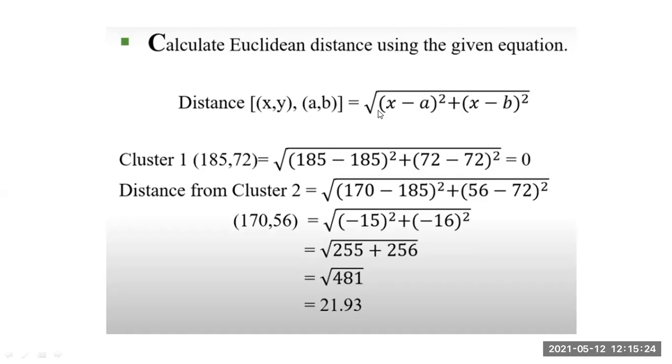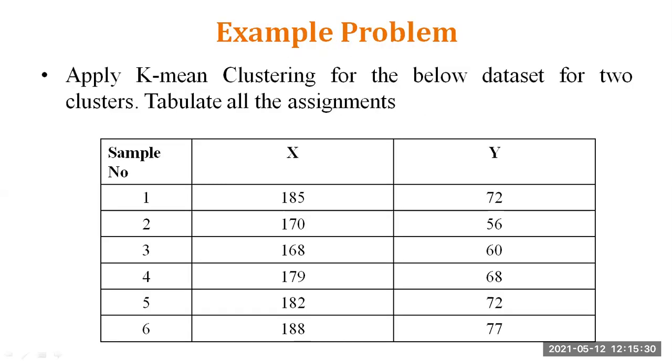Now we need to calculate the distance from the centroid values for each and every data point. Here a data point is the row values we are seeing: 185 comma 72, 172 comma 170, 56, 168 comma 60. So for each data point, from 1 to all the points, we need to calculate the distance values.